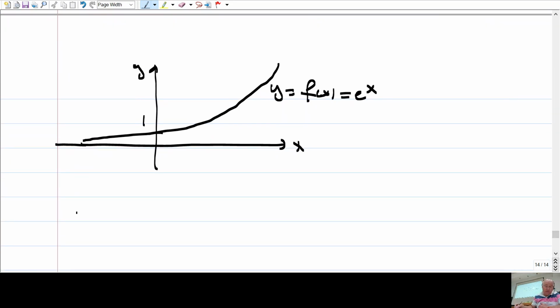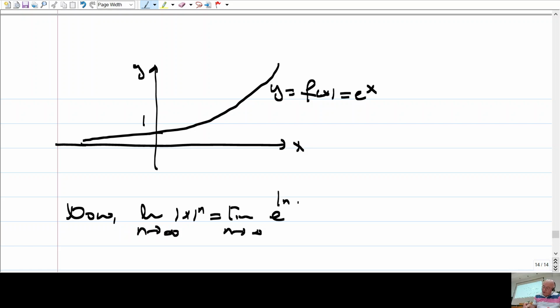But then, now, I can write this. Limit as n goes to infinity of x to the power n is just the limit as n goes to infinity of e to the power logarithm of x to the power n.